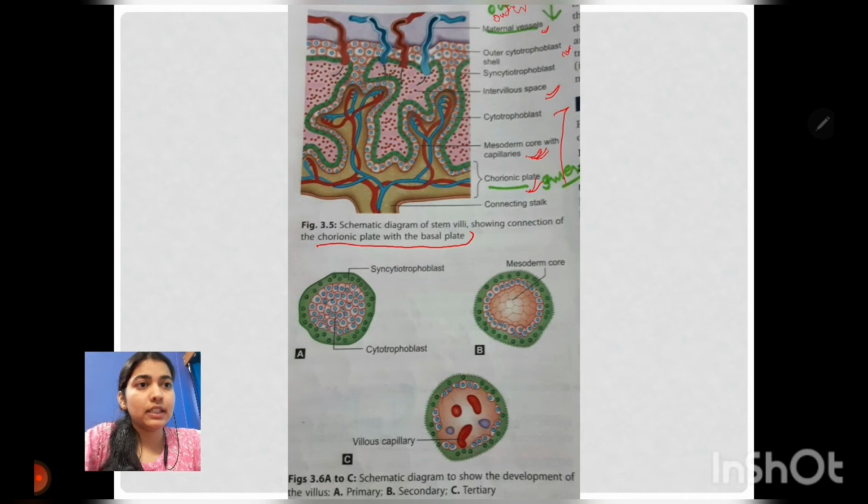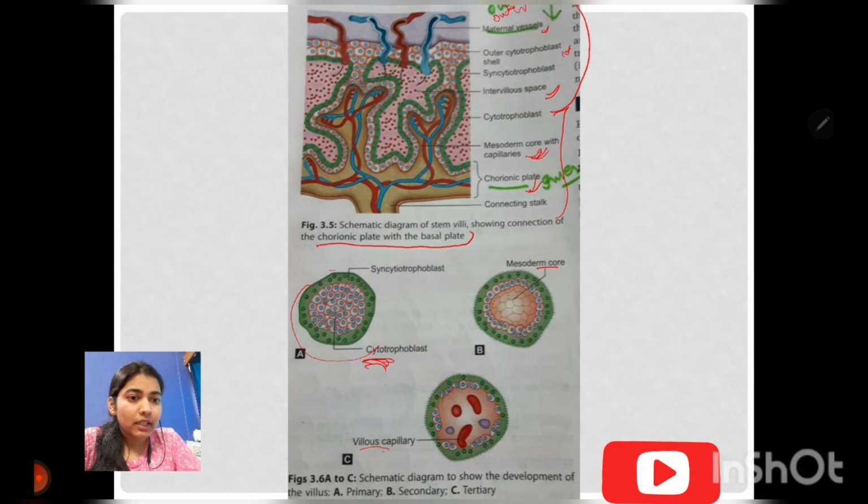So this is the fetal side and the other one the maternal side. You can appreciate more clearly here that syncytial trophoblast is present, then cytotrophoblast, mesodermal core, and then villus capillaries.